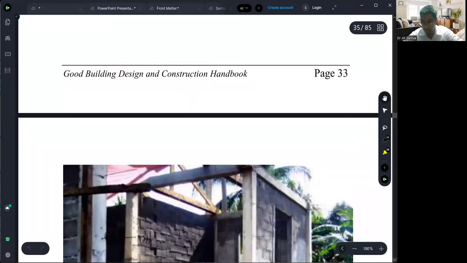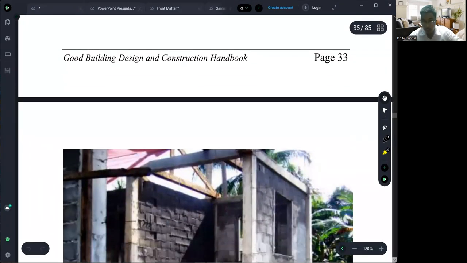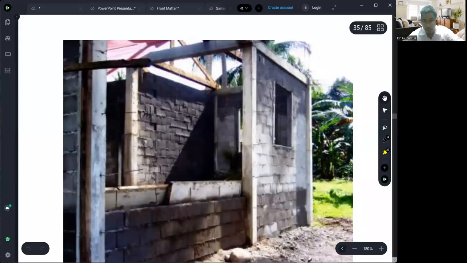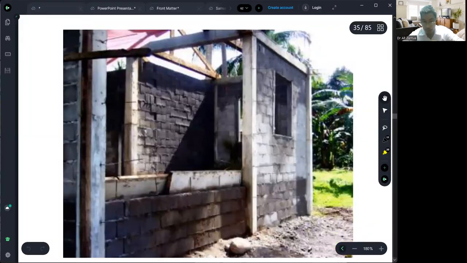Okay, next picture. So we have a very good column here with protruding provision for the wall. We have steel here.